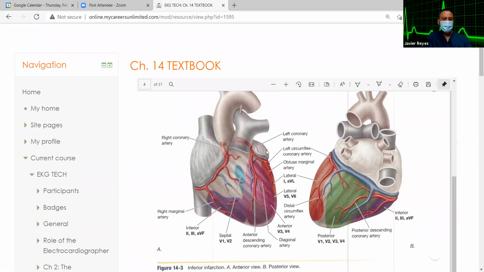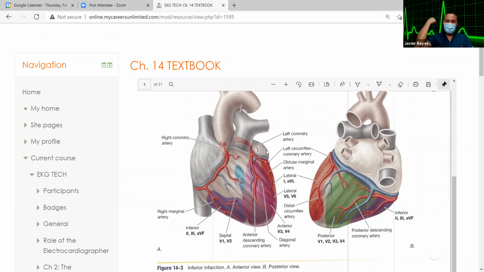Which ones? 2 and 3. And which other one? AVF, right? Augmented foot. A septal infarct can be located by looking at septal infarct. Correct. A posterior means the back of the heart.